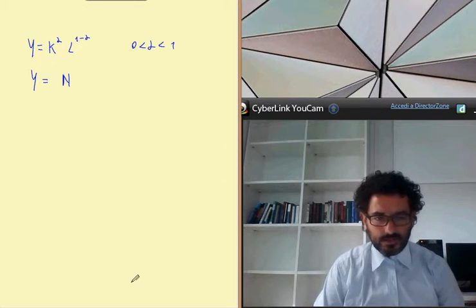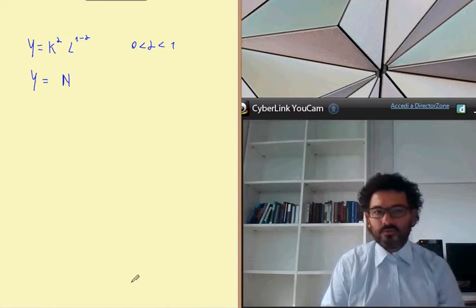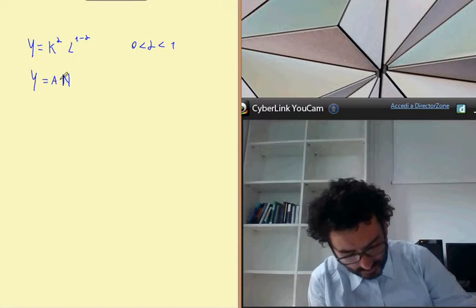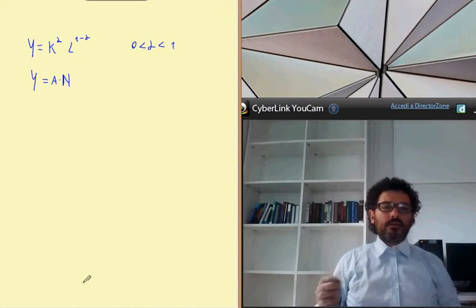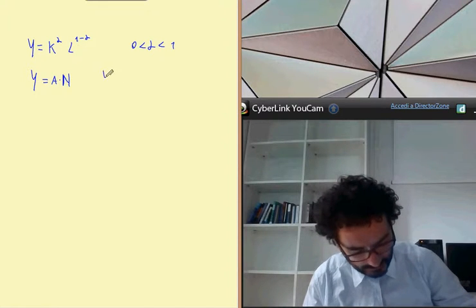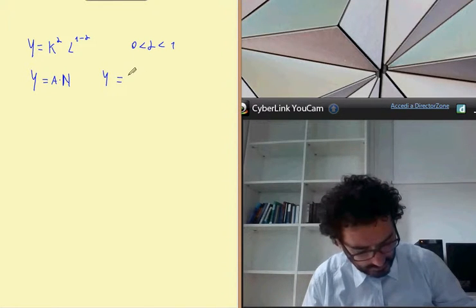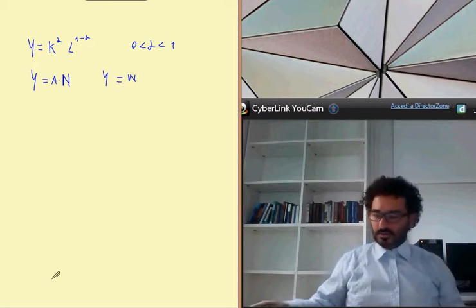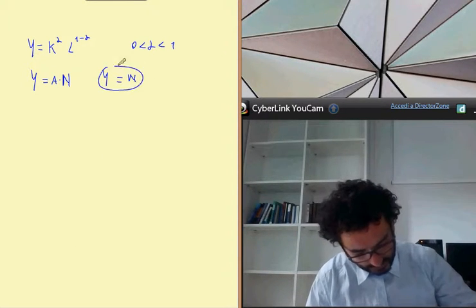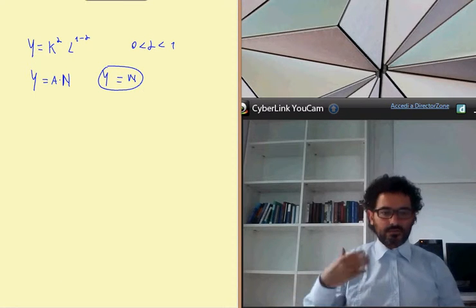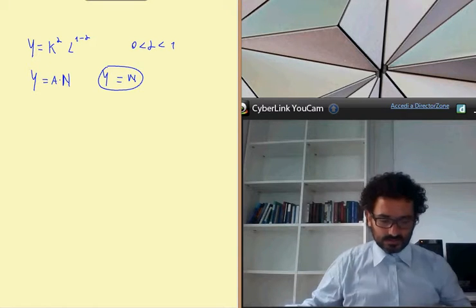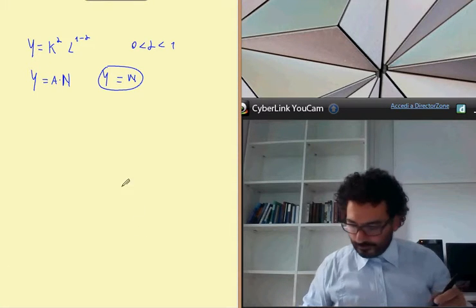If production is equal to A multiplied by N, where A is the production for each employed person, we can normalize A to 1, and we get Y equal to N. This is a really simplified version of the production function, but it is useful to simplify the computation, because the general result does not change. This is our first assumption.